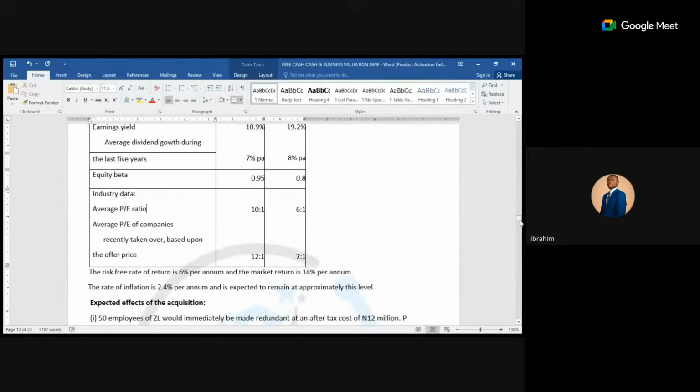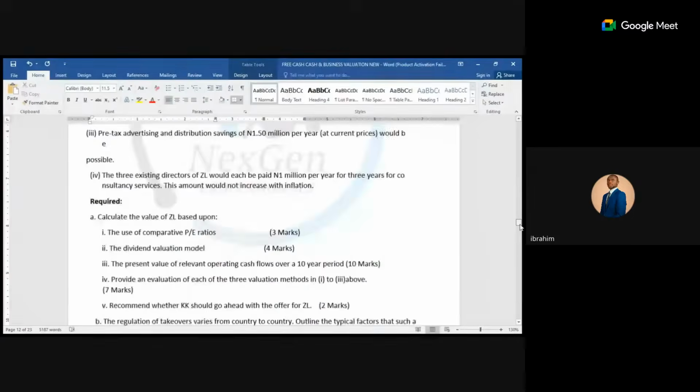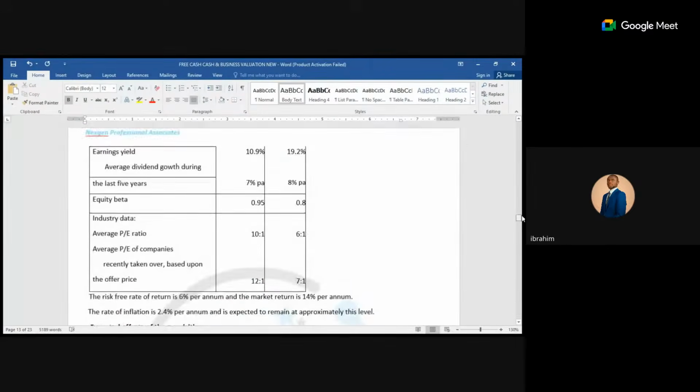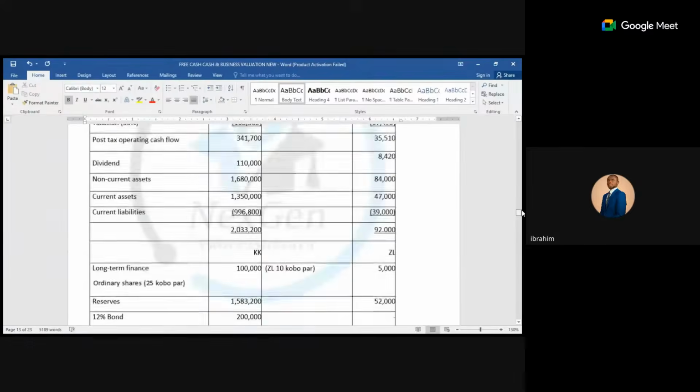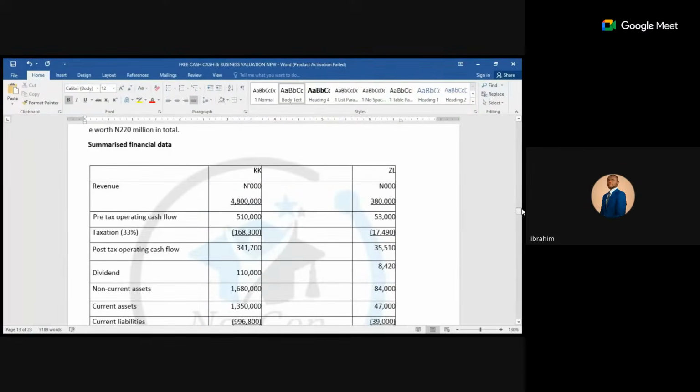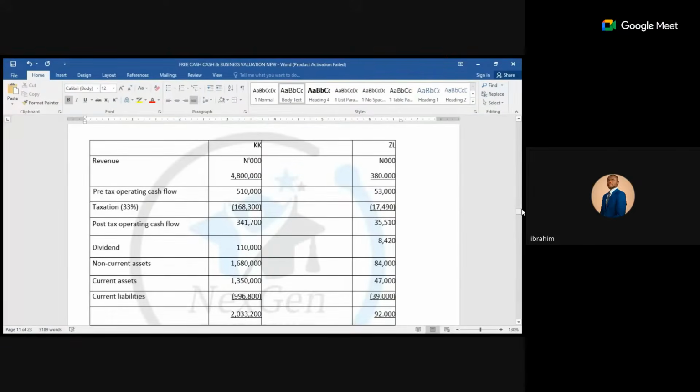So the PE ratio is 7:1, which we normally say means 7 divided by 1 times. So what will be the earnings per share? That is profit after tax divided by the number of shares. What will be our profit after tax for ZL?